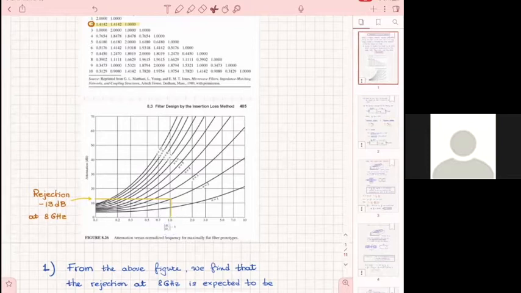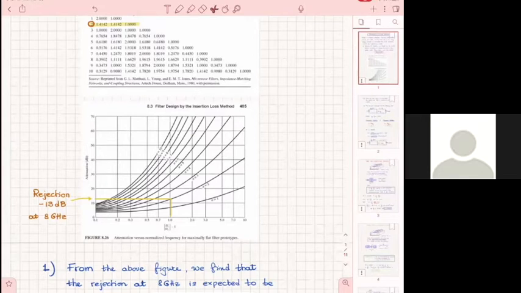Dr. Katehi? For this kind of question, if the intersection is not exactly on an n curve, do we round or always ceil? What do you mean an n curve? For example, if I have given you the rejection, you mean? No, the n curve is just the figure 8.26.